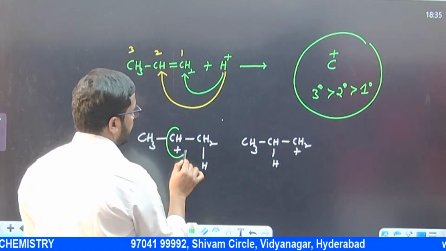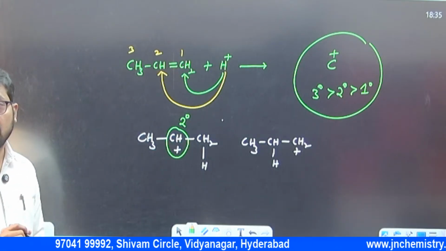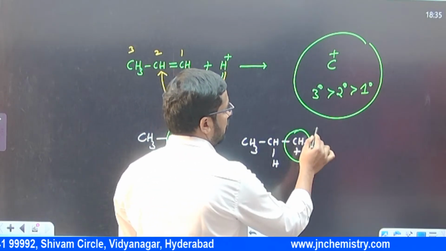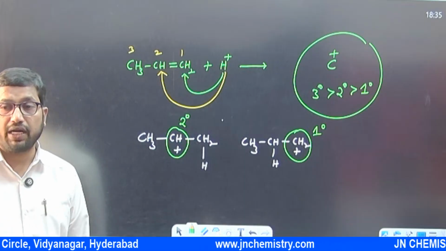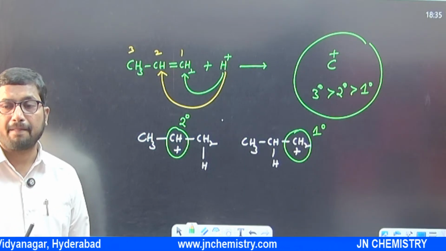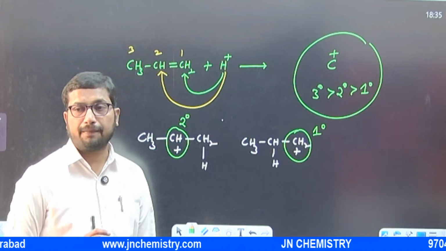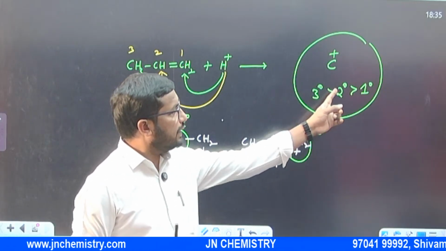This is a 2 degree carbocation. This is a 1 degree carbocation. Which carbocation is more stable? 3 degree, 2 degree, 1 degree.